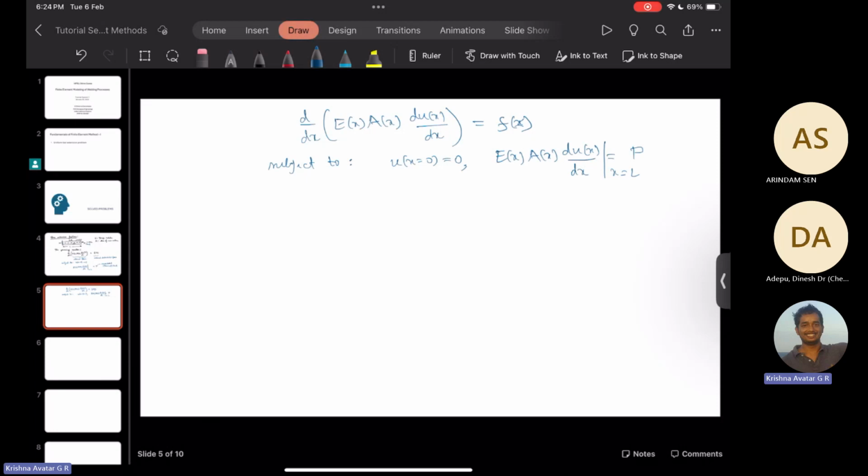At first, what we do is define something known as a solution space. To solve this problem, first we define what we call a solution space.